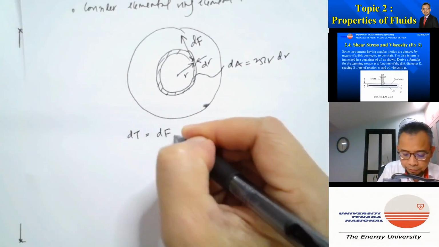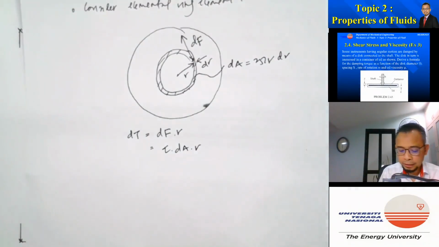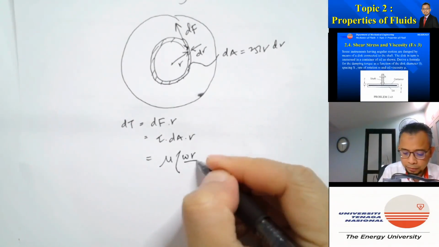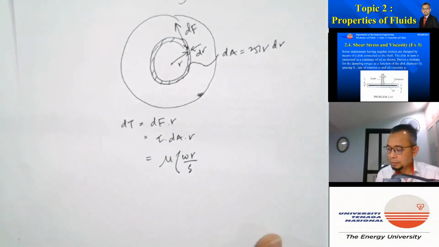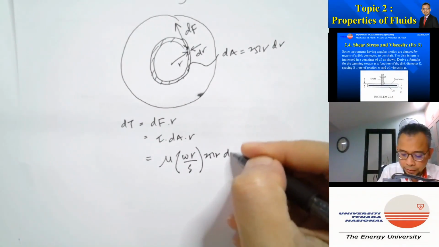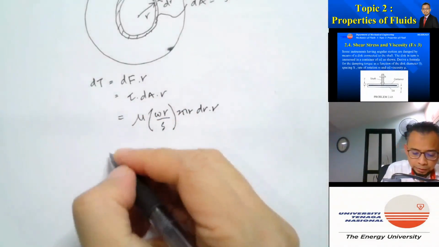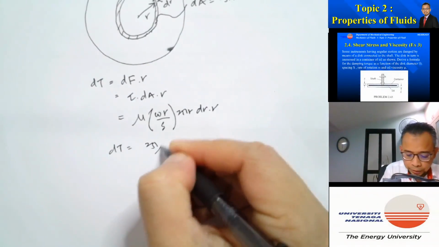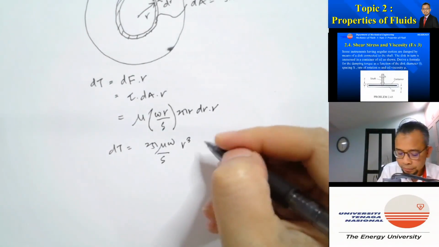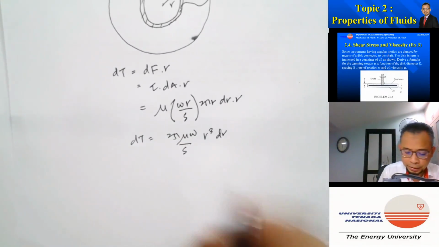So it's equal to dF times r. dF is equal to tau dA, and we know that tau is equal to mu omega r over s. dA is 2 pi r dr, and times r, right? You get the expression for the torque, which is 2 pi mu omega over s, r cubed dr, right? So quickly do the integrations like what we did earlier.